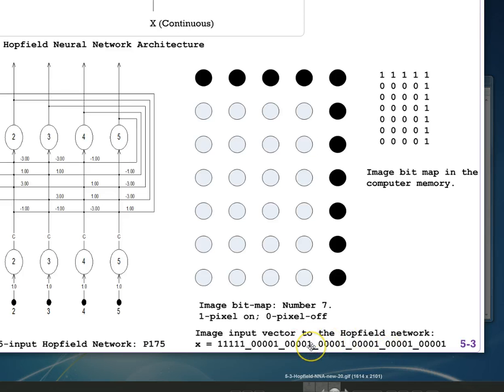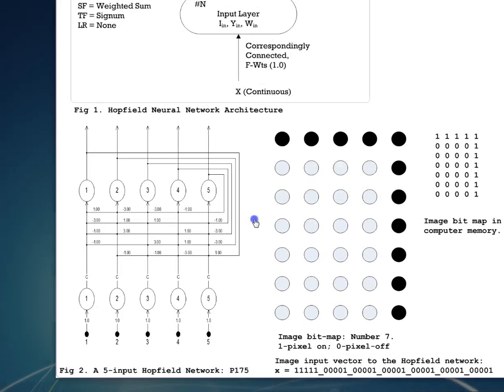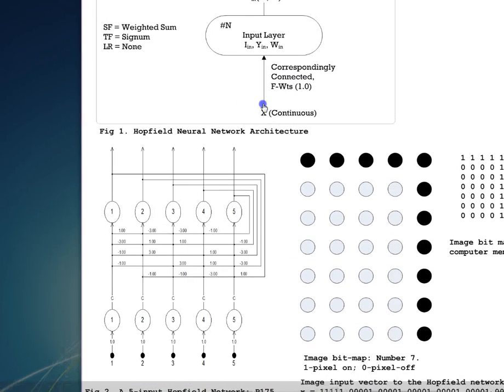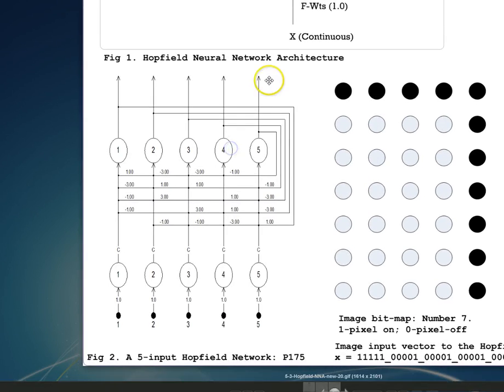To be able to recognize images based on a 5x7 bitmap, you need a 35 element Hopfield network.